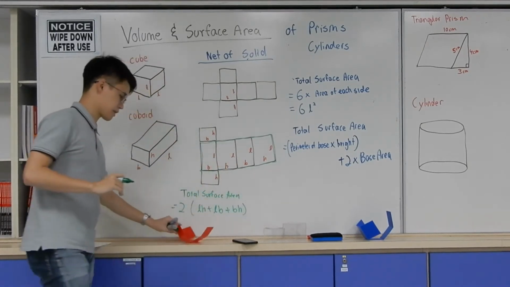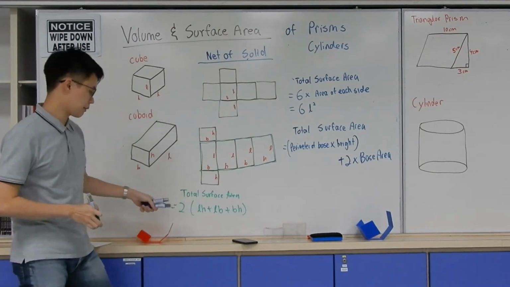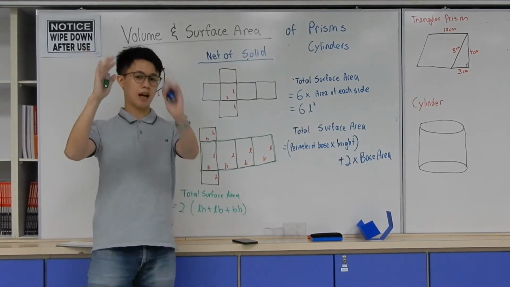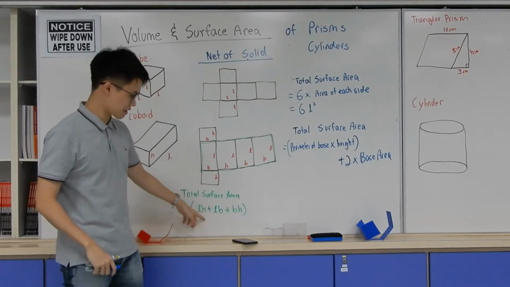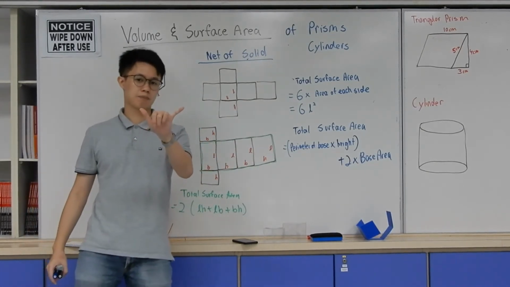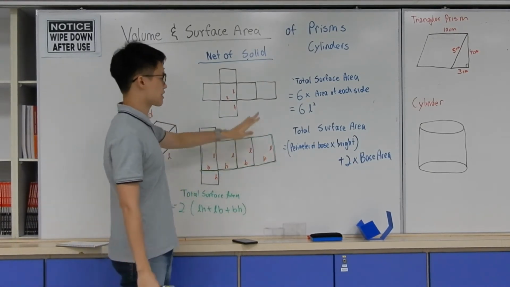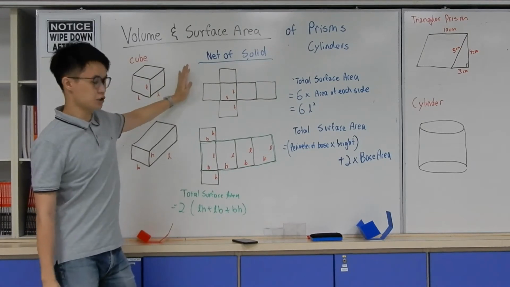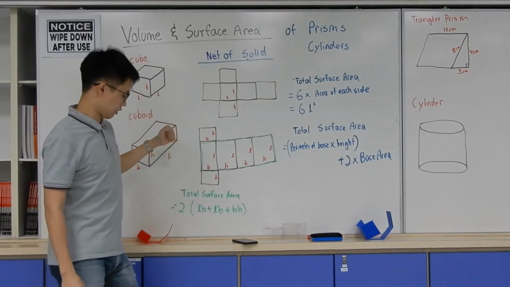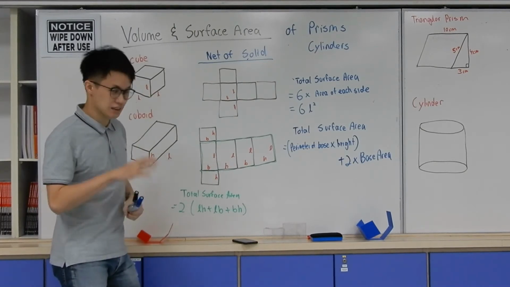So this is what you see in your textbook, which is not wrong. In one of my worked examples, I will show you how I derive this. This is just simply adding up all the 6 rectangles. Can? So that is for the total surface area of a cube and a cuboid. Now let's move on to cylinder.